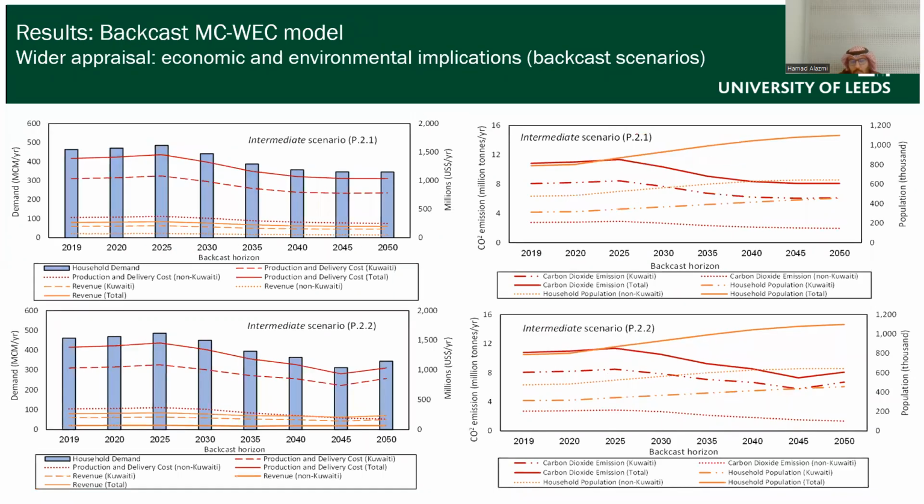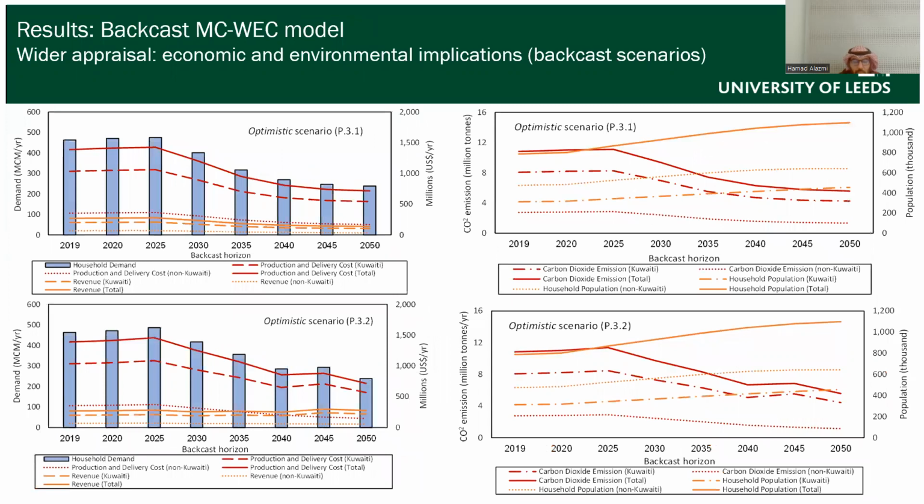For the second target, water production has decreased, reaching a reduction of 48% in comparison with the forecasting scenario. The gap between the production cost and revenue has decreased, and the economic efficiency has increased.